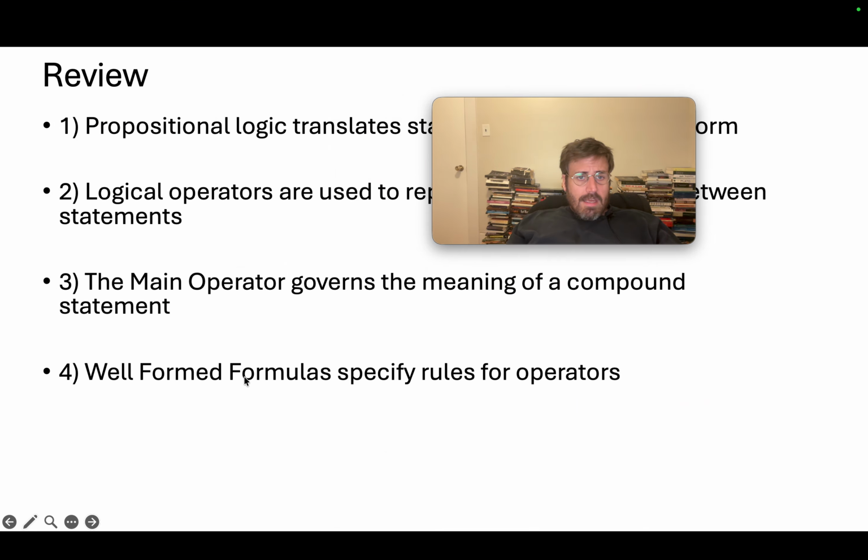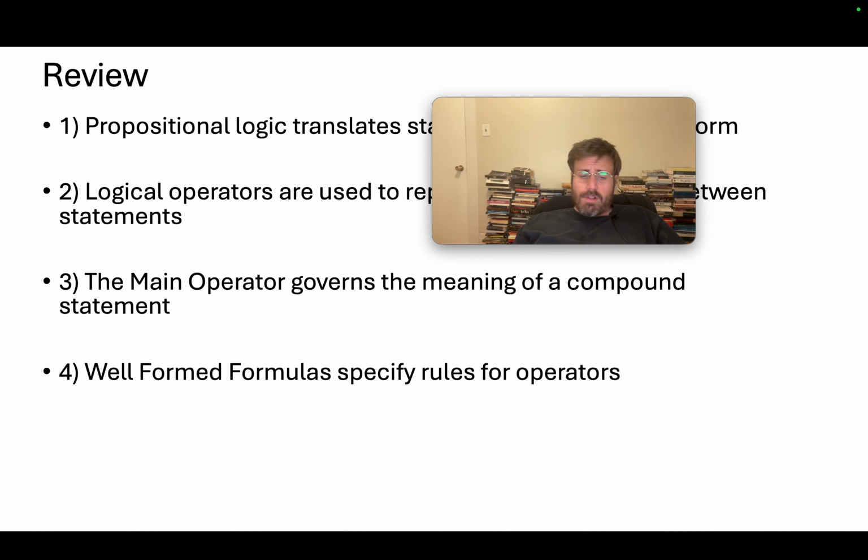And the grammar of propositional logic suggests a number of rules that we need to follow in order to have what's known as a well-formed formula. In other words, we can't just be using our operators in any old place. We need our operators to be positioned in such a way that we understand the meaning of the proposition. So well-formed formulas specify rules for our operators, and we went through some of those rules.